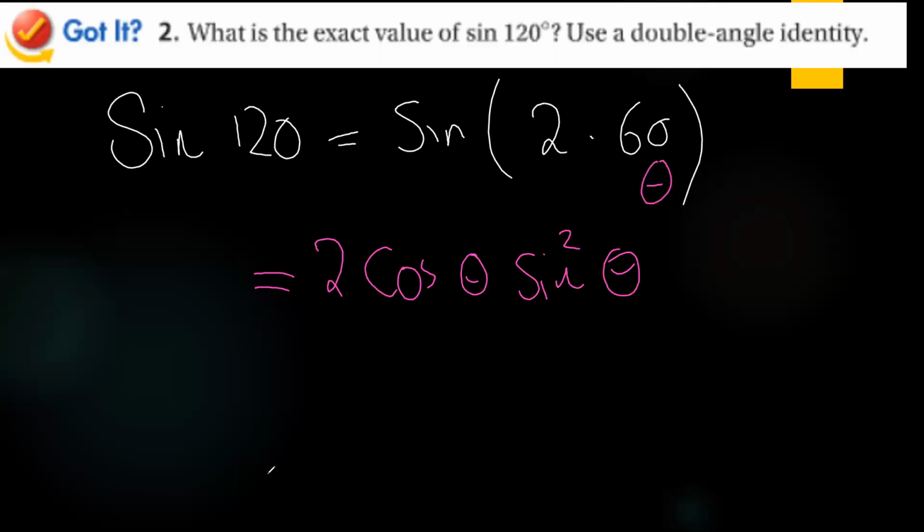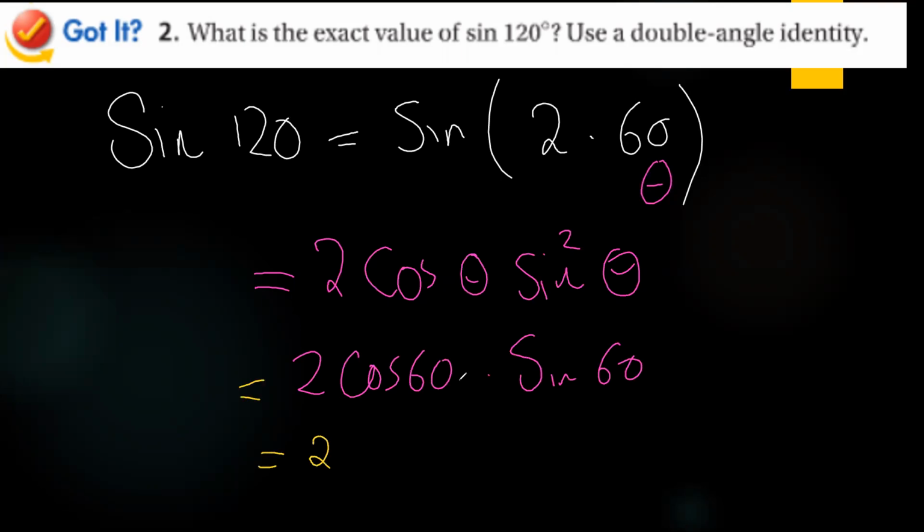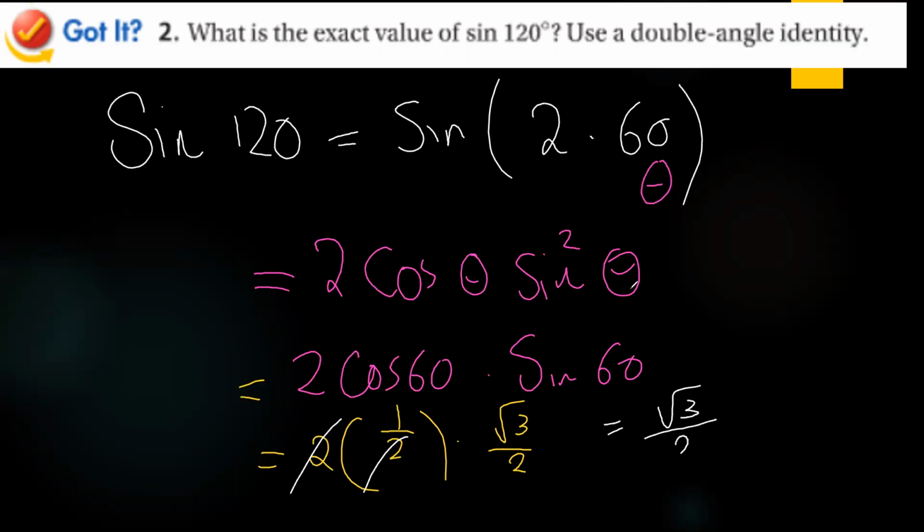So it's 2 times cosine of 60 times sine of 60, which means 2 times half times square root of 3 over 2. The 2 cancels the 2, so it will be square root of 3 over 2.